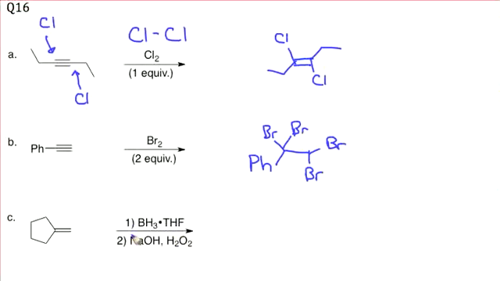Okay, part C is this BH3THF followed by sodium hydroxide, hydrogen peroxide. And when you see this, you should automatically think of the hydroboration, because that's what these conditions are for. So it's a hydroboration oxidation.